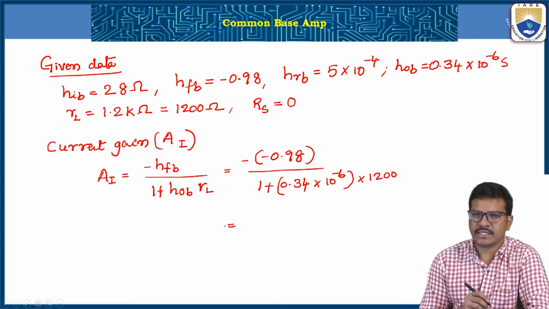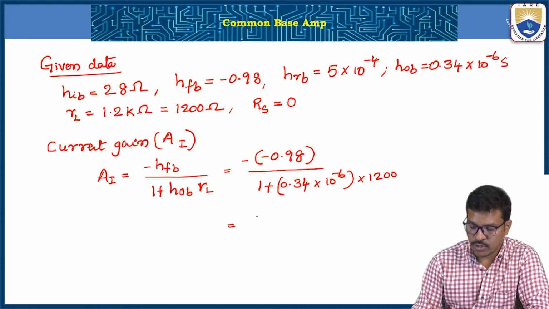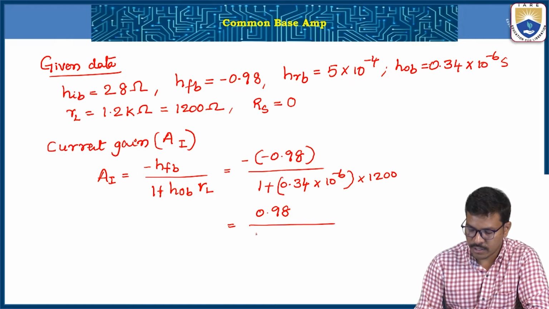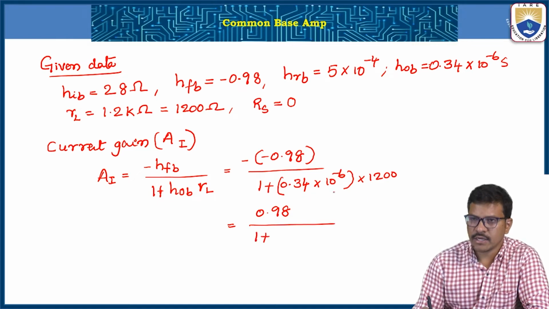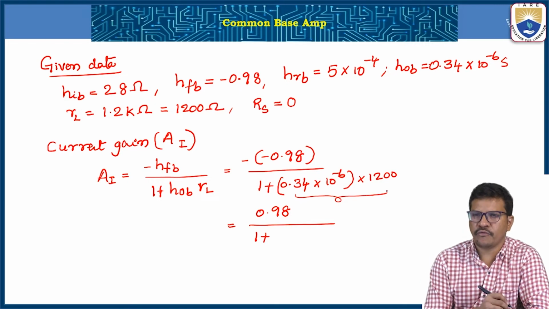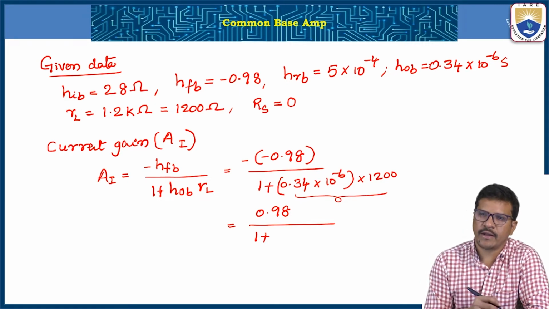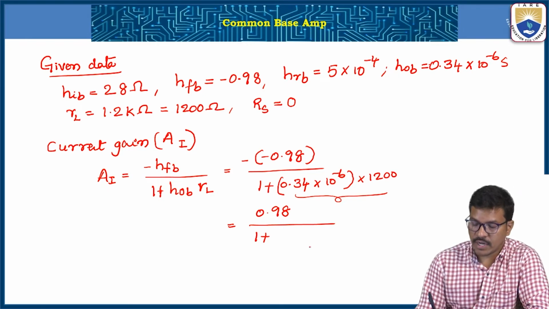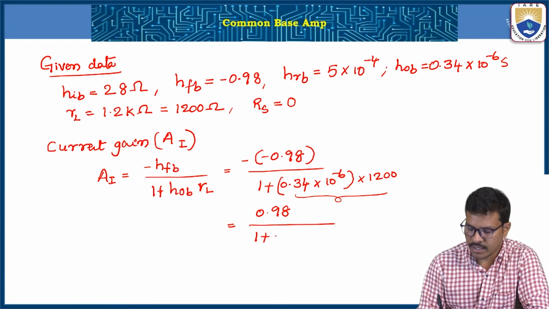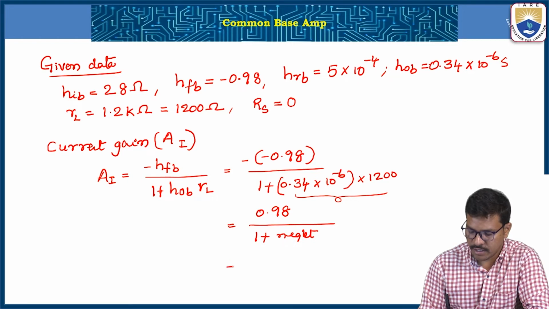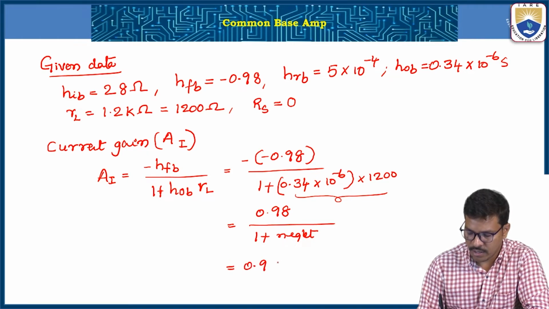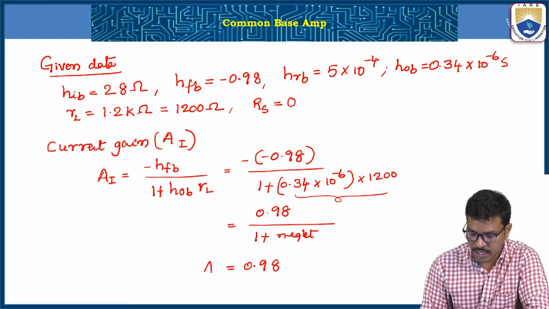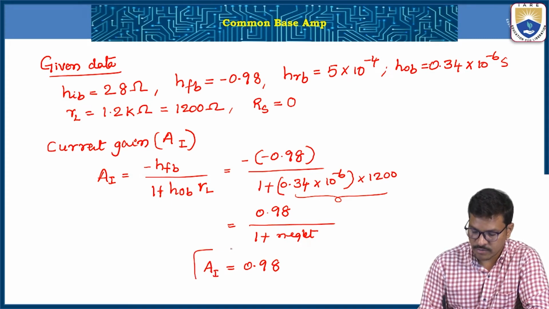In the numerator we'll get 0.98. In the denominator, the term 0.34 × 10^-6 into 1200 gives 0.00 something, which is very negligible when compared with the one, so we will neglect that. When we neglect it, you will get 0.98. So the current gain is 0.98.